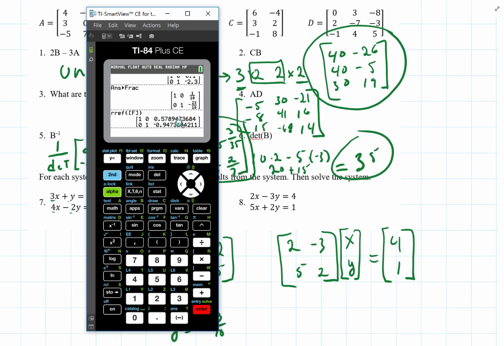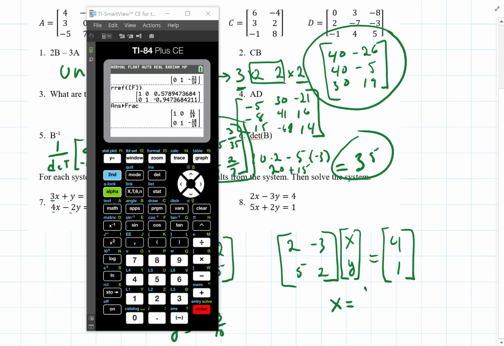And over here we get the decimal approximation of our solution. We're going to change that to fractions again. Math 1. And our solutions over here. X equals 11/19. Y equals -18/19. That is our matrix practice.